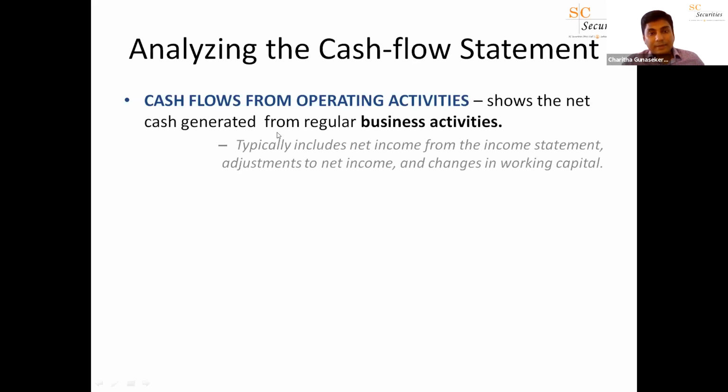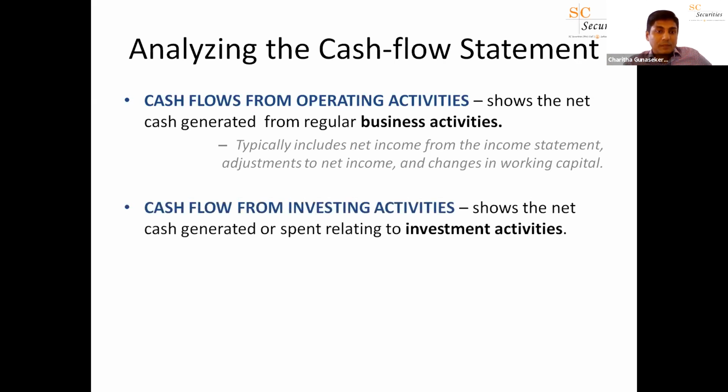Typically in this area you start with your net income from the income statement, and you adjust for working capital changes, interest expenses and tax expenses. There will be certain adjustments when arriving at the cash flow from operating activities, right?